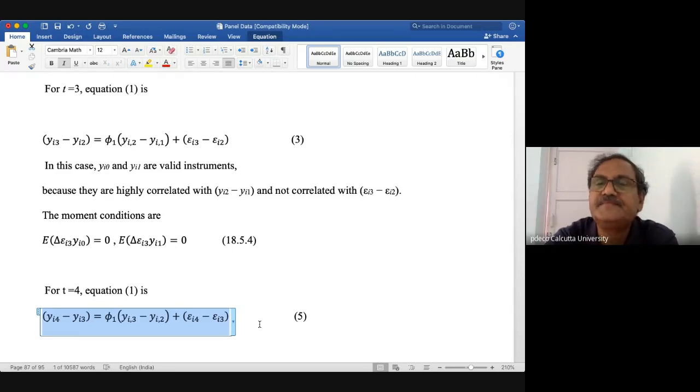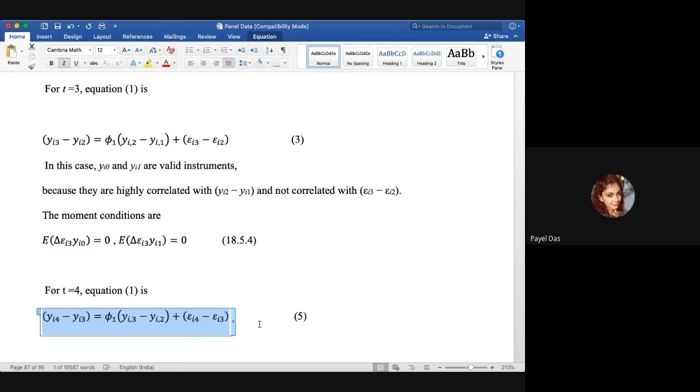On the right hand side, phi1 into yi3 minus yi2 plus epsilon i4 minus epsilon i3. Okay, have you written it? Yes, sir.